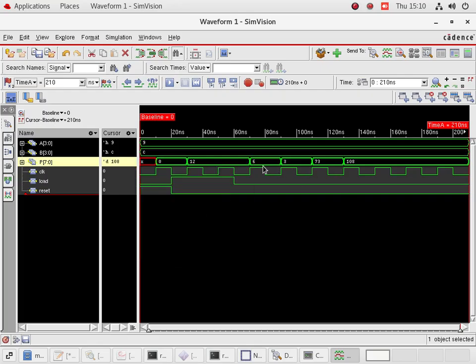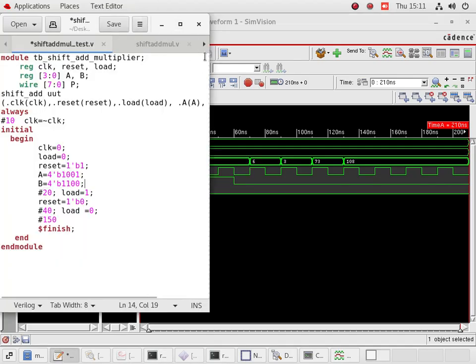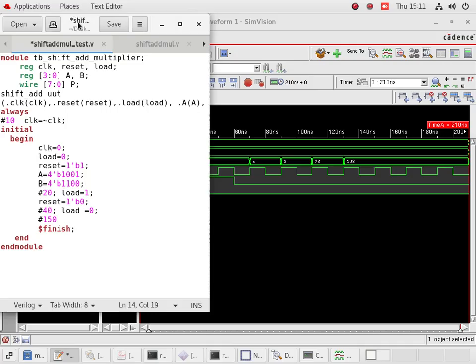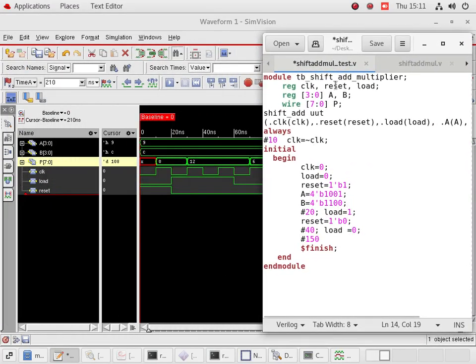So this is the output that we have got. This is the test bench we have written. The clock keeps negating, and initially when the clock is 0 and the load is also 0, with reset 1, the A and B values are considered.